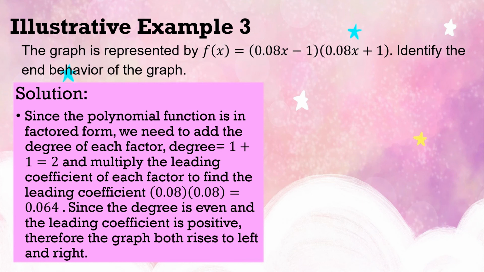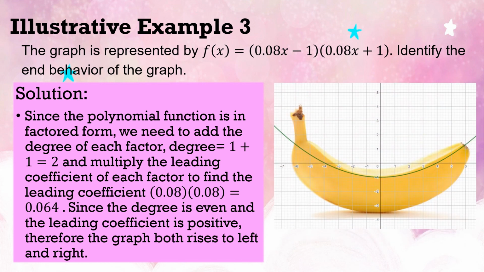And multiply the leading coefficient of each factor to find the leading coefficient. The quantity 0.08 times 0.08 is equal to 0.64. Since the degree is even and the leading coefficient is positive, therefore the graph both rises to the left and right. And this is the graph of the curve of a banana.